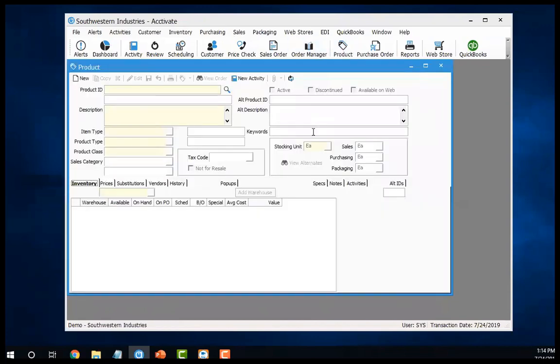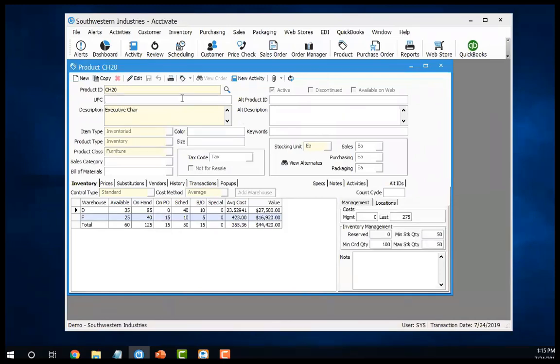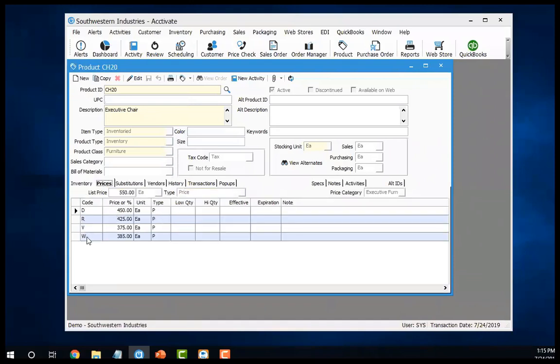Next, let's take a look at how high-low quantities work in relation to these prices. So if I pull up my product and look at our prices, here I can see that relationship that I defined with the wholesale price code. There's that 385.